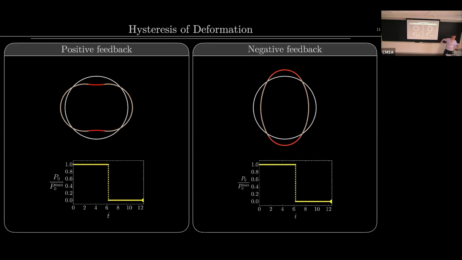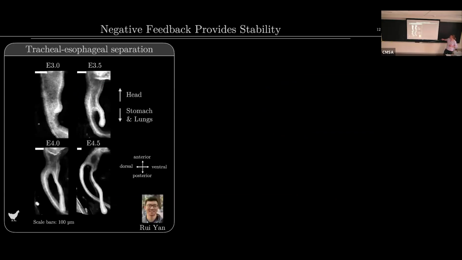So that's the result of the theoretical model. We wanted to see if this is actually observable in experiments. So Ray at the medical school here was studying the trachea-esophagus separation, which is the developmental process where the trachea and the esophagus separate over time.